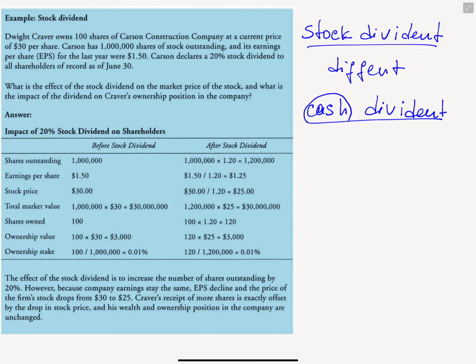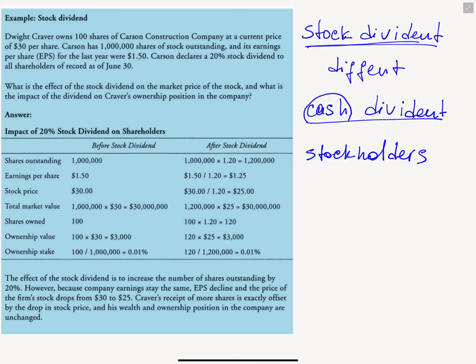But the stock dividend is different, because in a stock dividend, stockholders don't get cash. They just receive extra stock for their stock.